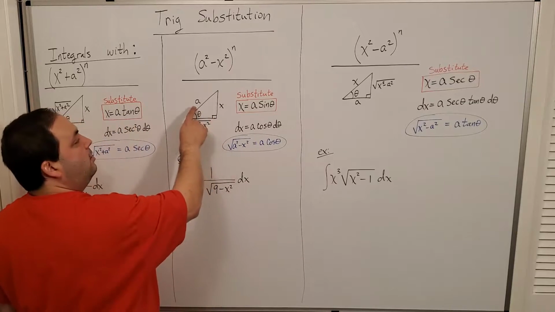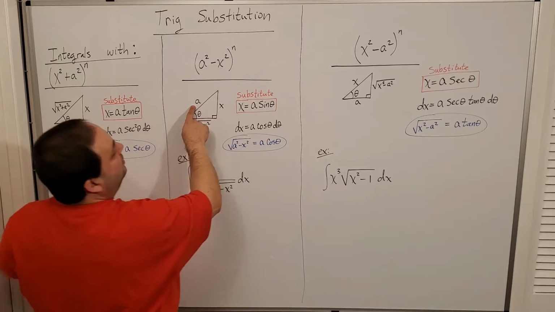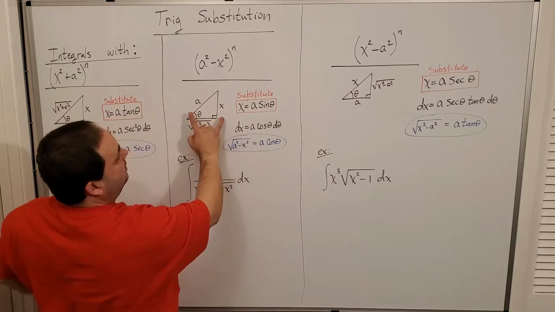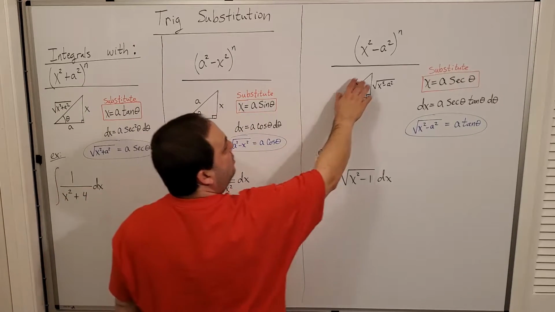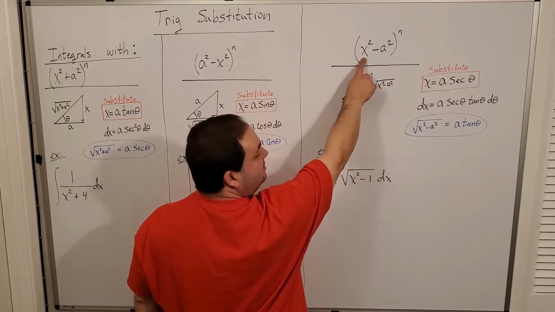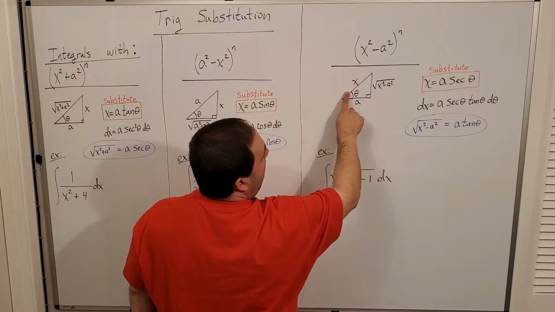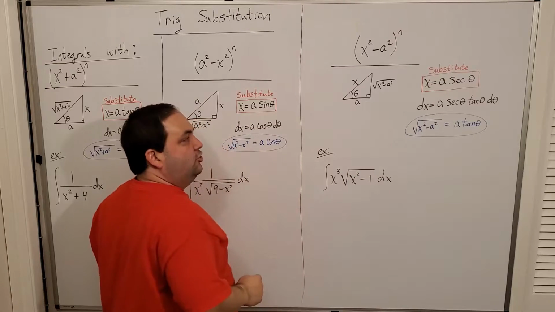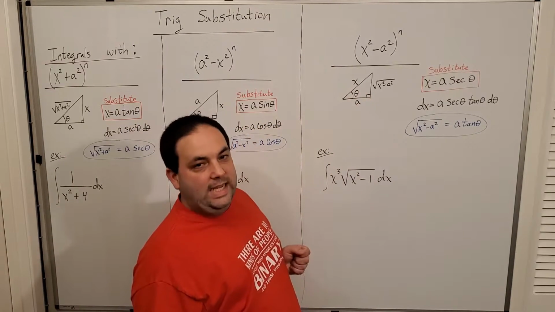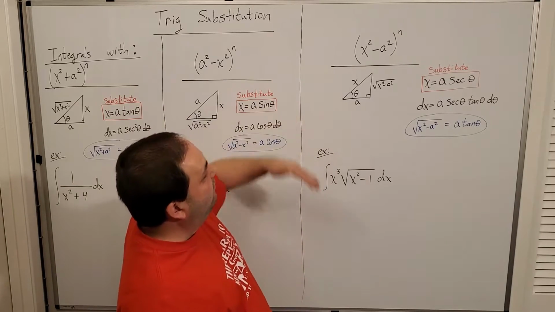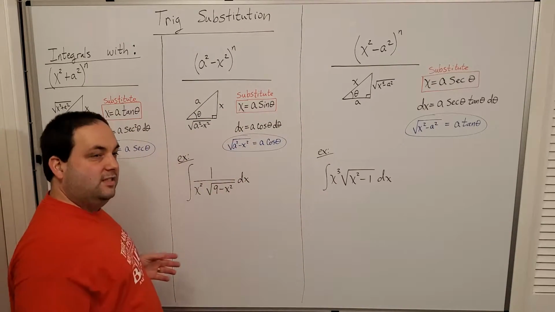So here, if a has to be the hypotenuse, then I pick x to be opposite, because opposite and hypotenuse give me sine. Whereas here x has to be the hypotenuse because it's the front of the subtraction, and I pick a to be adjacent because hypotenuse over adjacent gives me secant. And then everything evolves the same way for all of these situations.